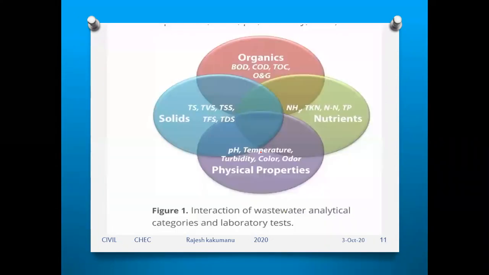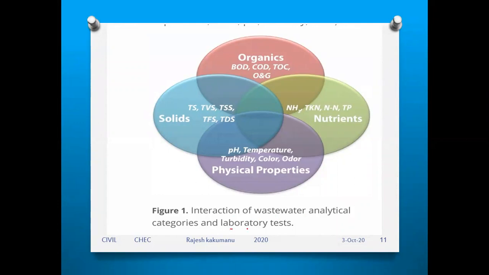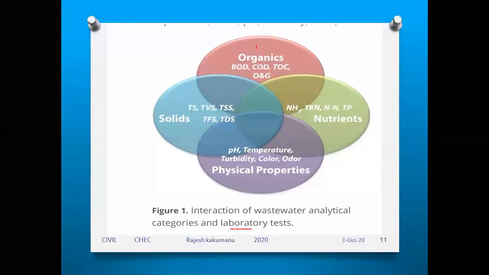So see the figure here, the interaction of wastewater analytical categories in the laboratory tests. If you see the first one, the organics category, you have the BOD test, COD test, TOC and O and G. These are the 4 tests, keep in mind. Then what is the second one?